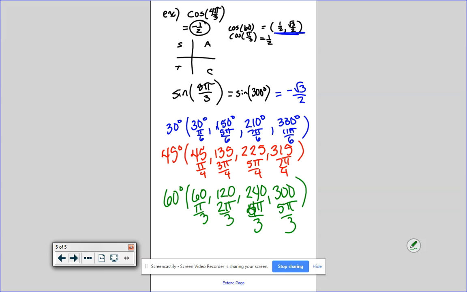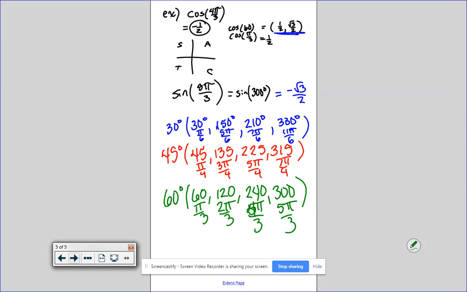4 pi over 3 and then 5 pi over 3. Now, anything in the 30-degree bow tie is all going to follow square root 3 over 2, comma 1/2. Anything in the 45 bow tie is going to be square root 2 over 2, square root 2 over 2, either positive or negative.